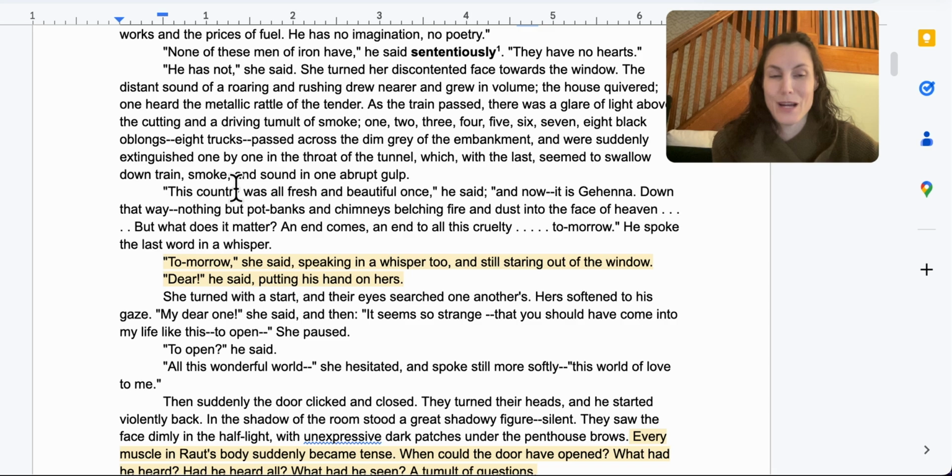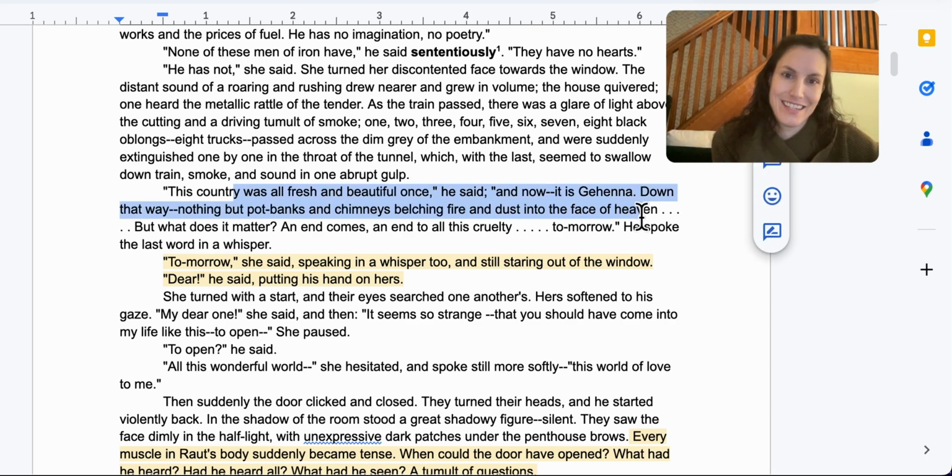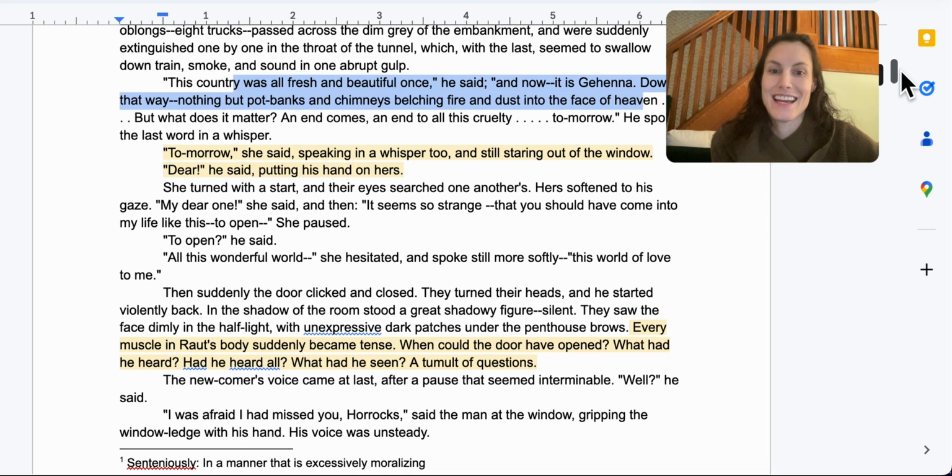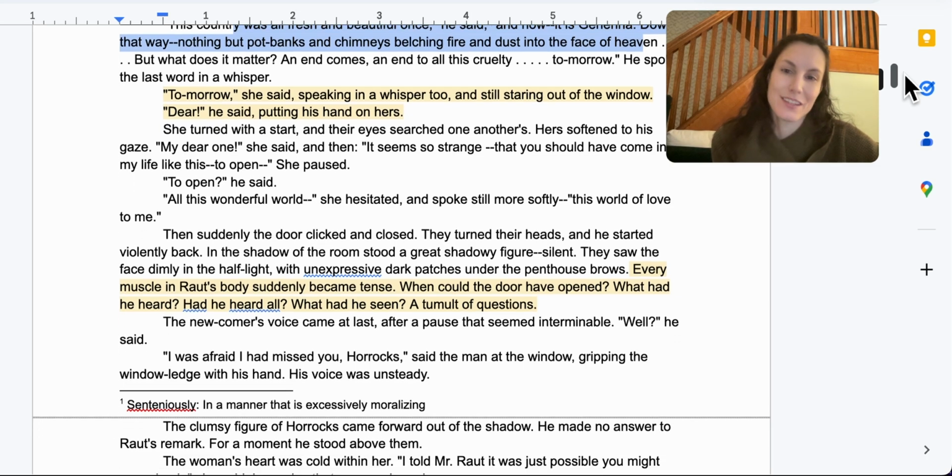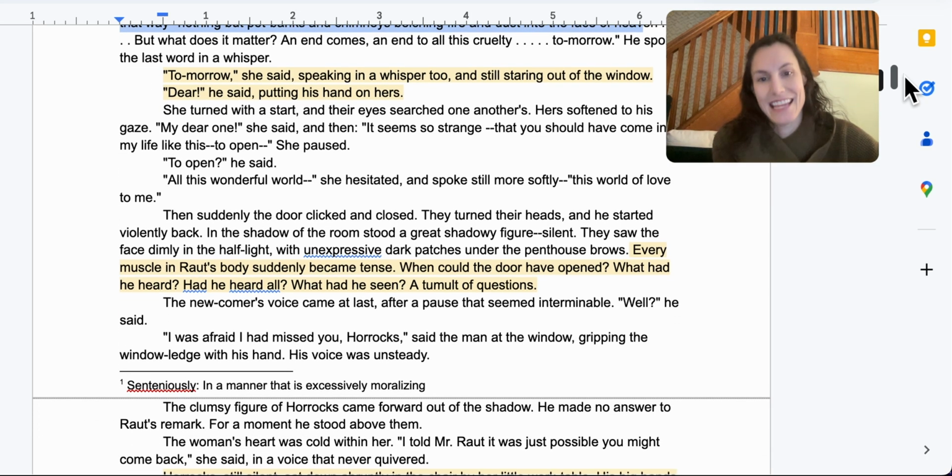Both Rout and this woman see this iron industry. So this would be the late 1800s, and we're somewhere in England where we have our Industrial Revolution. And they're commenting on how the Industrial Revolution has destroyed the beauty of the land.